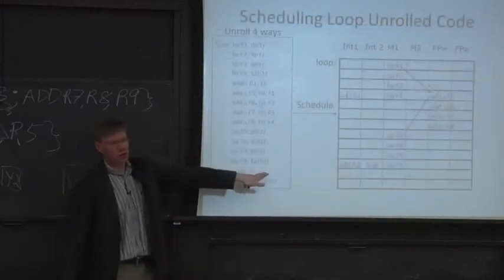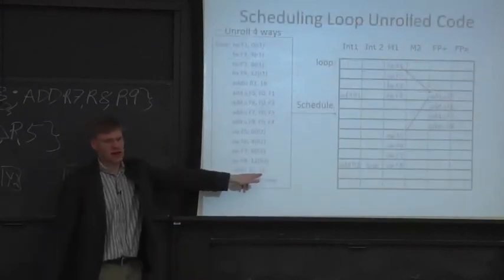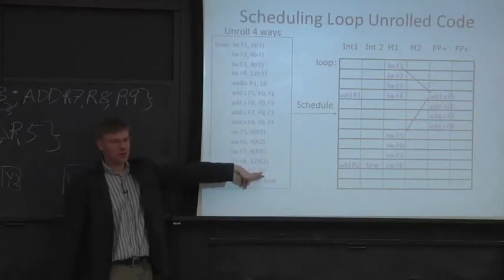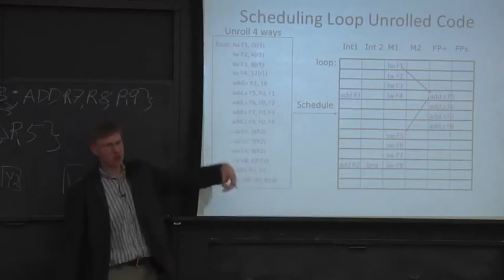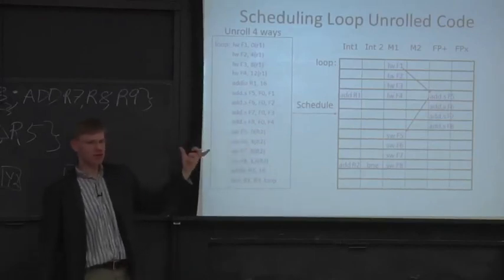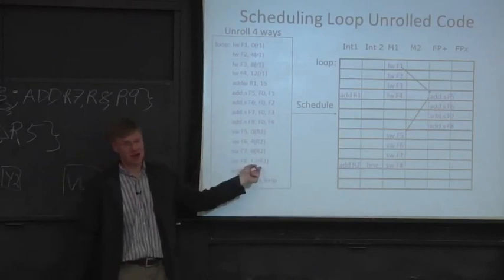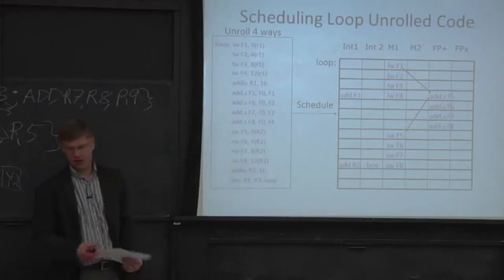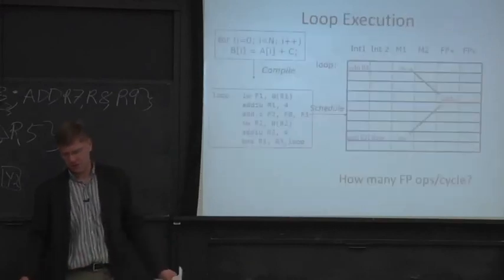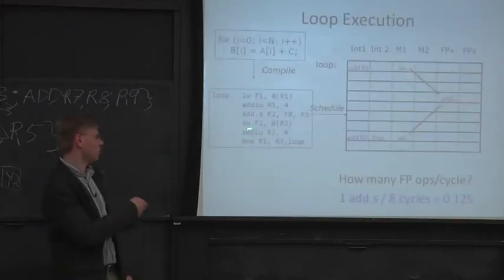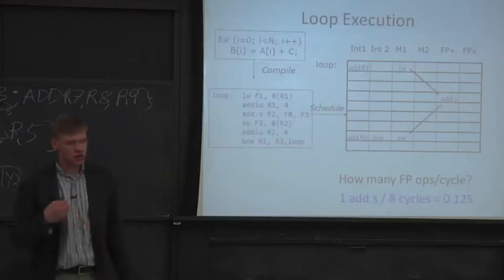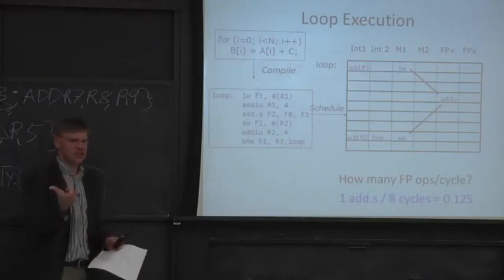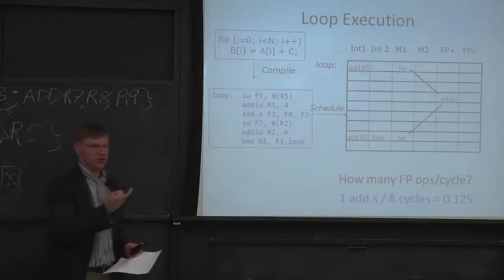In this loop unrolled case, we're incrementing these counters and the indexes not by 4 anymore. We're incrementing by however many times we've loop unrolled times the offset. So we're incrementing it by 16 now. Does that make sense? Because in this code here, we were incrementing R2 by 4, because the size of a single value is 4 bytes.